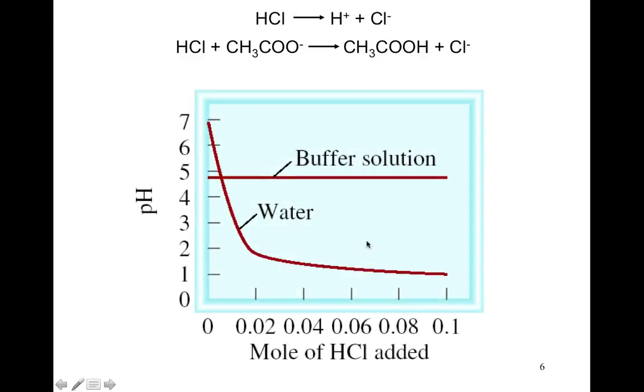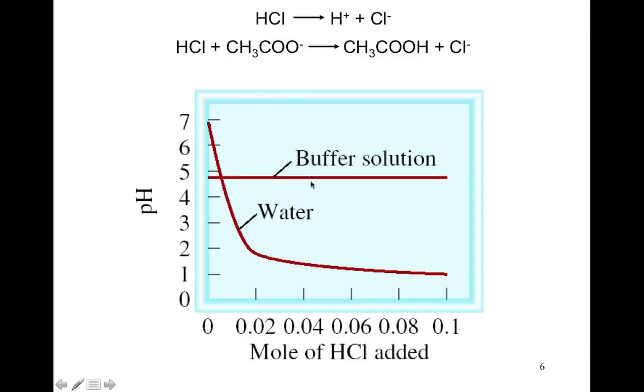So here's the difference, of course. If you add hydrochloric acid to just plain old water, the pH is going to drop super fast because it's going to make it very acidic very quickly. If you add acid to a solution that is a buffer made of acetic acid, then you'll change your pH a little, but it takes a lot of moles of hydrochloric acid to change that solution because with the buffered solution, you keep adding hydrochloric acid and it keeps neutralizing it with the acetate ion.